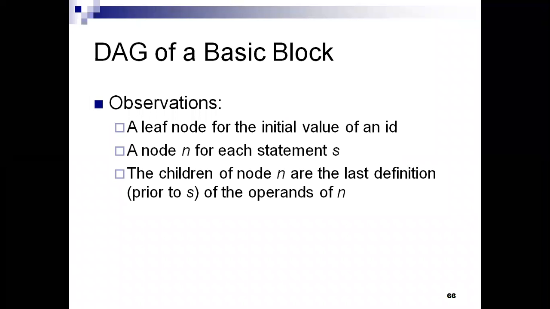My today's session started with loop optimization, then peephole optimization, and then local optimization. In local optimization, I explained the first transformation, and in that first transformation I followed a step-by-step manner to construct the DAG. That means to perform the transformation, first you need to construct a DAG.